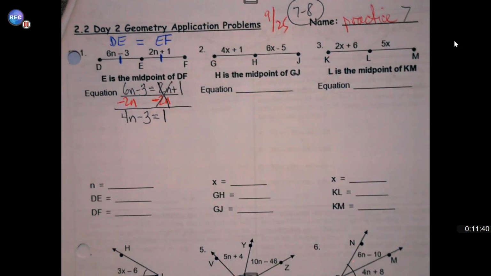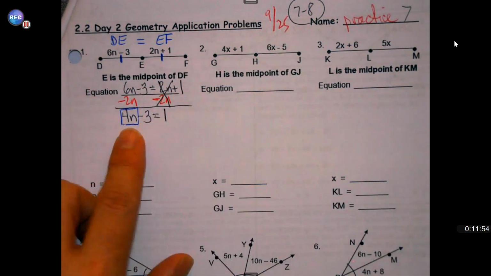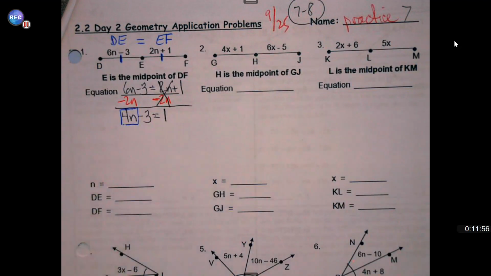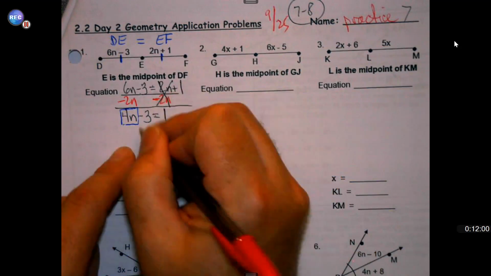And now we're to a two-step equation that we're used to seeing. And again, if you show your steps in the color, hopefully that's going to make things stand out somewhat. Once all my n's are together, my goal becomes to get the n's alone. Undo the minus 3.